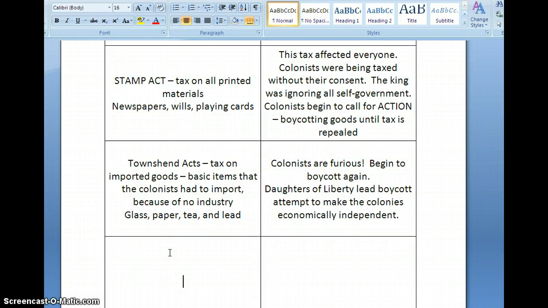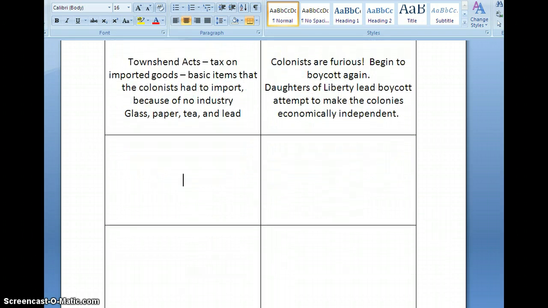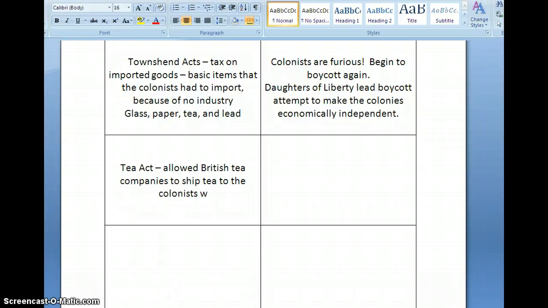Okay, our next one is the Tea Act. All right, and the Tea Act allowed British tea companies to ship tea to the colonists without paying taxes, which is kind of interesting.